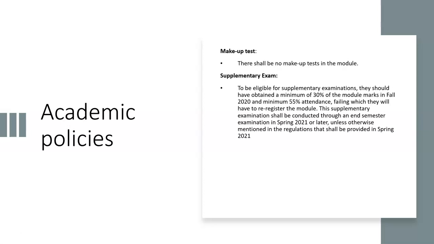And the second eligibility is attendance. In the online class, this time attendance is important. You should have 55% of attendance, so a minimum of 55% of attendance is required. If these two criteria are satisfied, you are eligible for a supplementary exam.